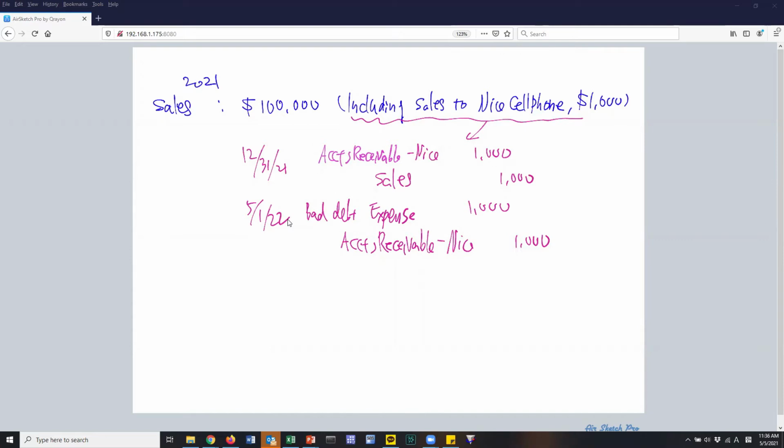Here, not good. Here is a really big problem. Can you see that? We've discussed it in chapter 3, I think, and several times afterward. It's a big violation of an important accounting principle.